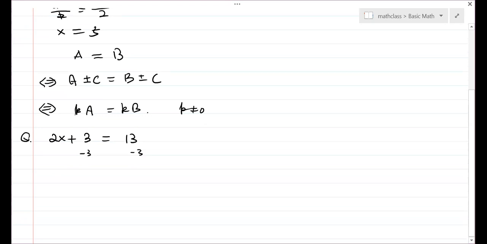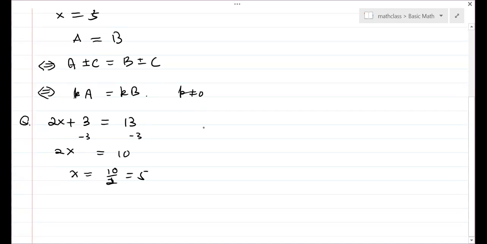And then 3 is gone on the left-hand side, right? So you only have 2x. But 13 minus 3, you get 10. Therefore, you can divide both sides by 2, and x is going to be 5. Now, think about that. What you get here, the first equation is 2x equals 13 minus 3, right?